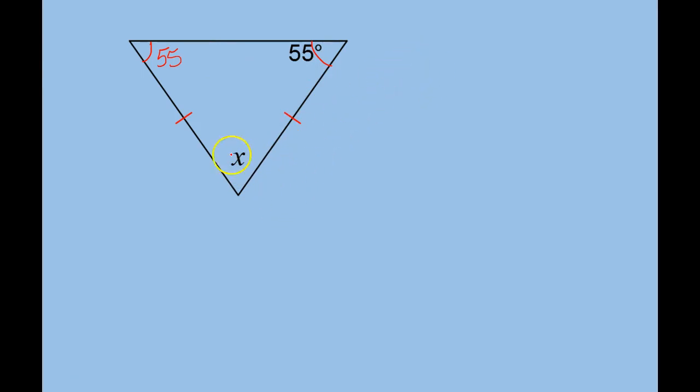Right, the sum of the interior angles of a triangle is 180. So it has to be 180 minus these two angles. And 55 plus 55 is 110. So 180 minus 110 is 70. So x is 70 here.